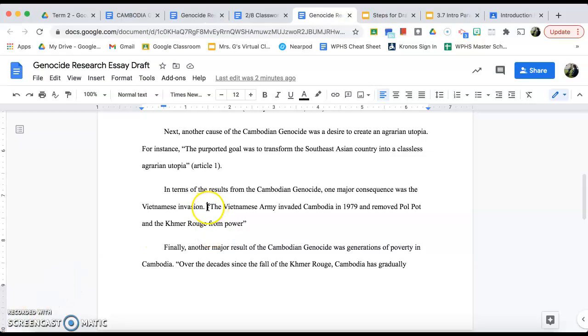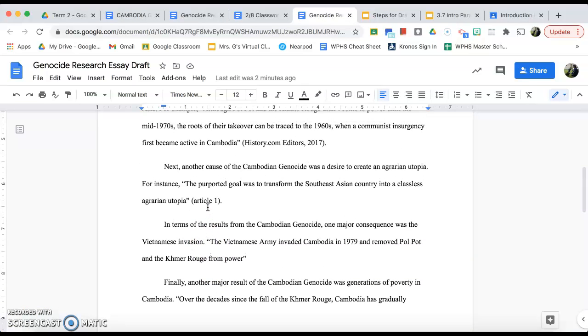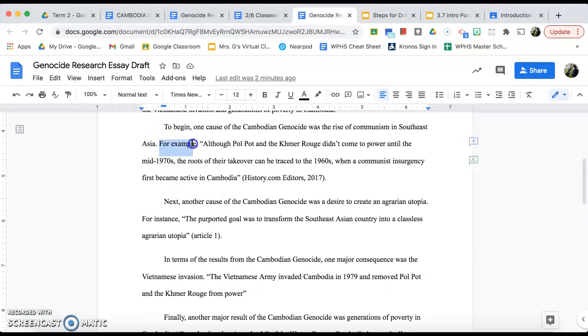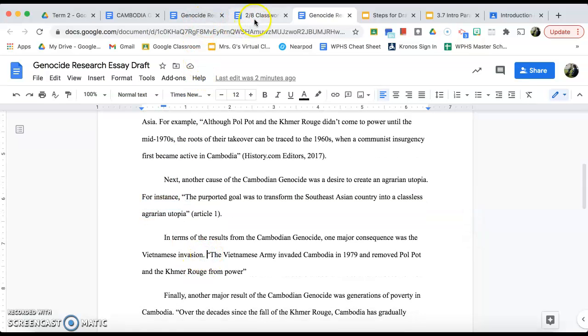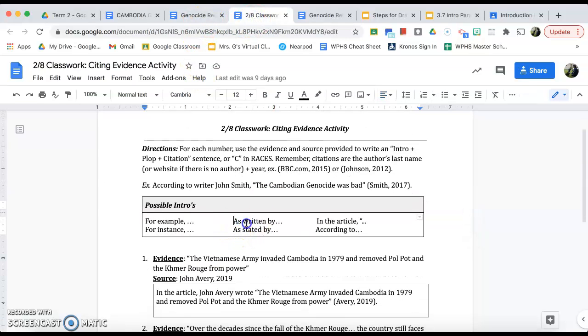Okay, so for this next introduction, if I want to use something other than for example or for instance, if I want to keep adding variety, when I look at my list, these other starters require me to know who the author was, right? Because I need to say as written by, as stated by, or according to.